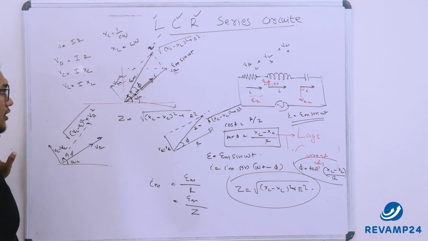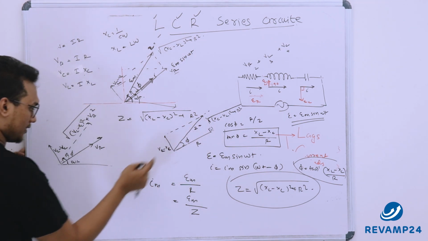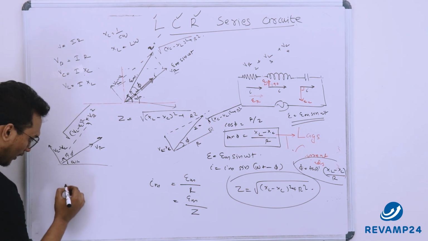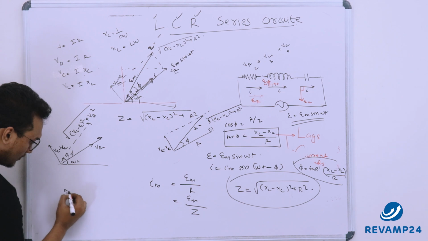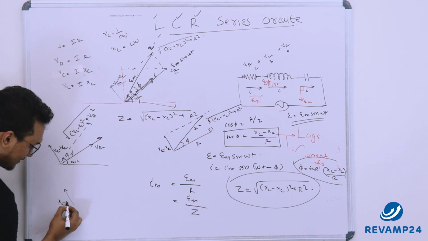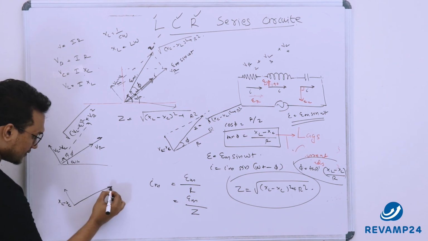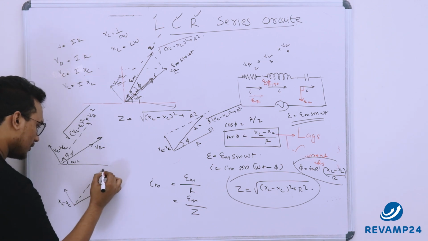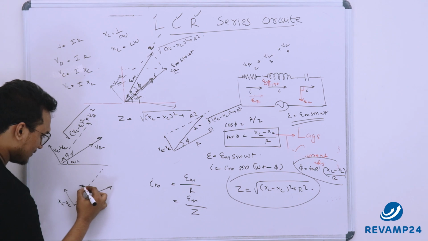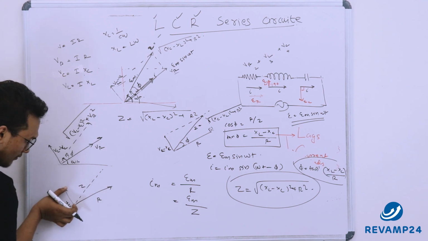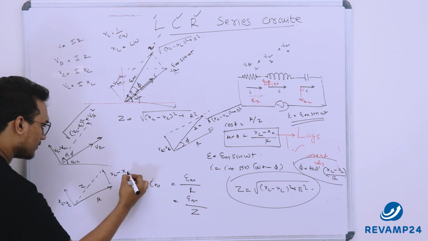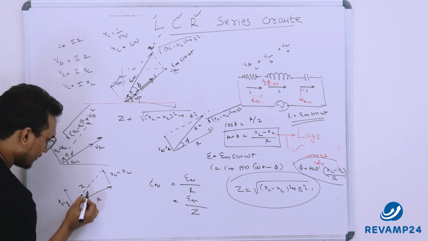One more thing, this triangle is very important. I will redraw it here. How did I get the value? This one was my XL minus XC and this one was my R, and this is the resultant Z. This is XC minus XL and this angle is phi.